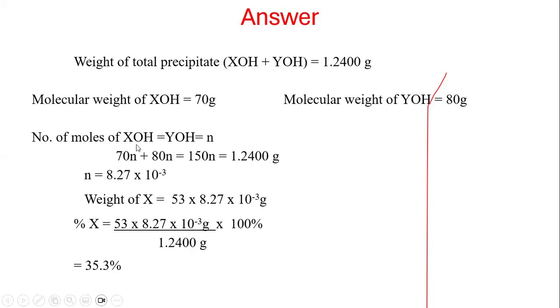Then the weight of X: in 1 mole of XOH, you get 1 mole of X. Then in this number of moles, you get the same number of X. Then into the atomic weight will give you the weight of X. Then the percentage: weight divided by the total weight of the precipitate into 100.